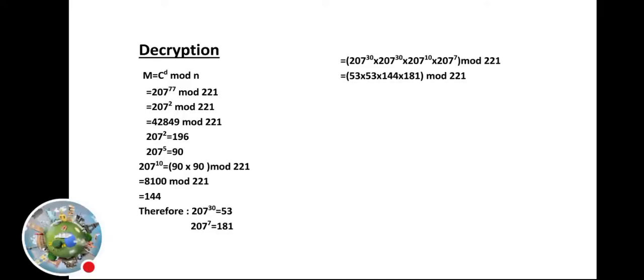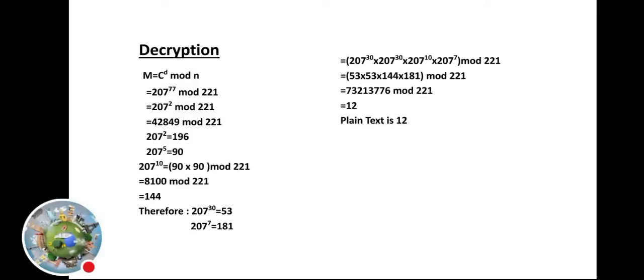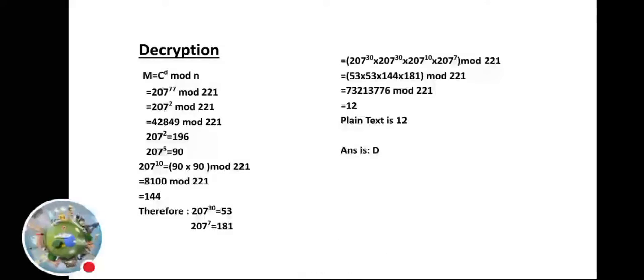So that one we can write like this: 53 into 53 into 144 into 181 mod 221. So the answer will be 12. So the plain text 12 is correct, C equals 207.